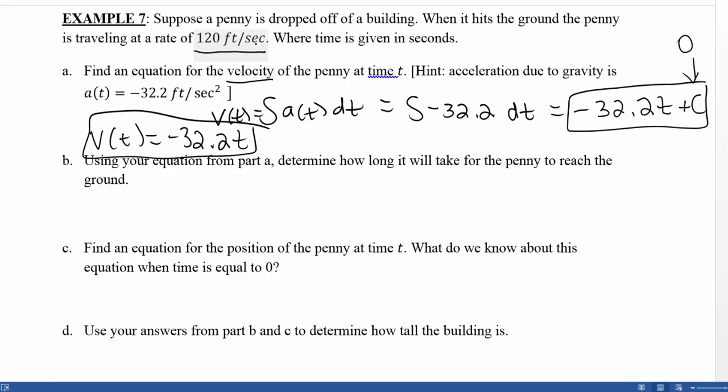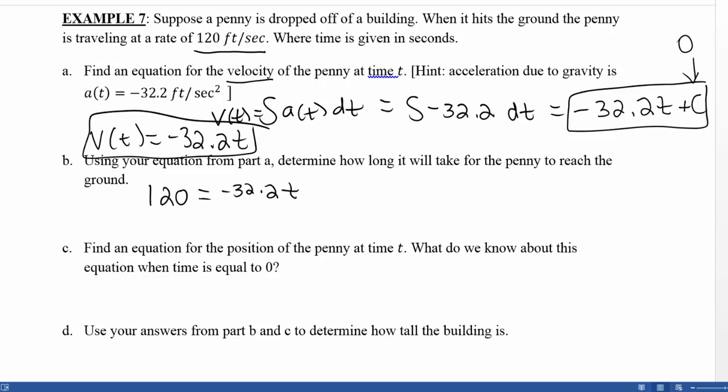So if we set our velocity equal to 120 feet per second, then we can solve for the time when it reaches that velocity, and that will be the time when it hits the ground. So we're going to take 120 feet per second equals negative 32.2t, and we're going to solve for time.